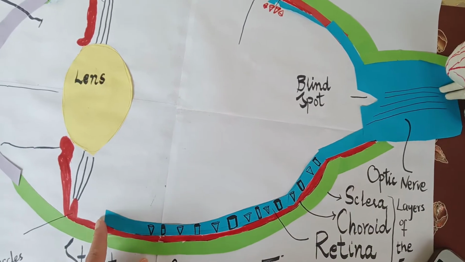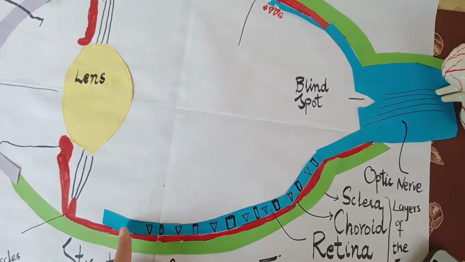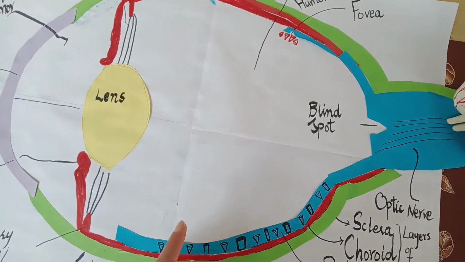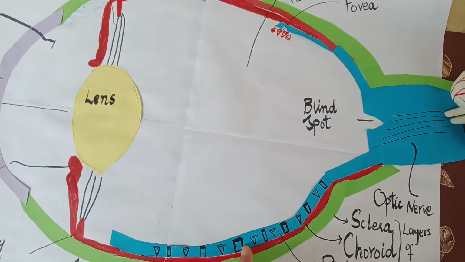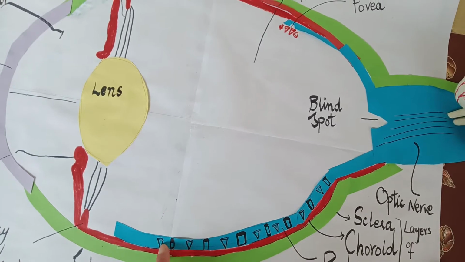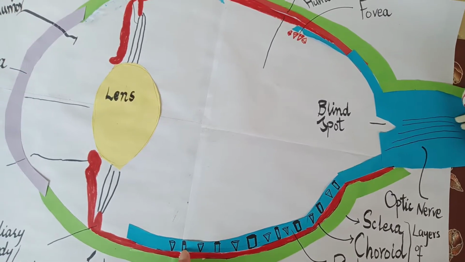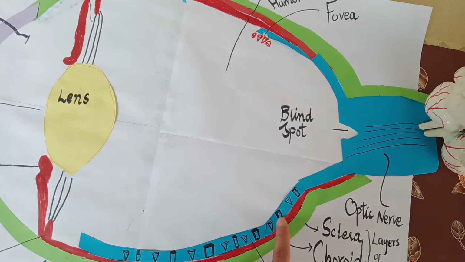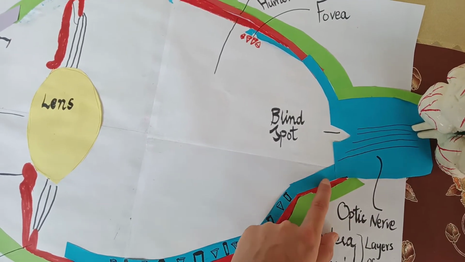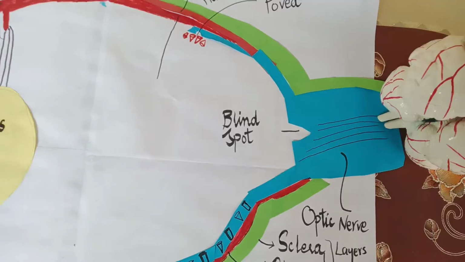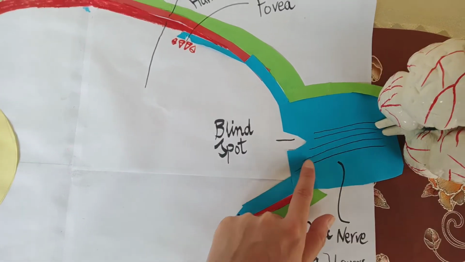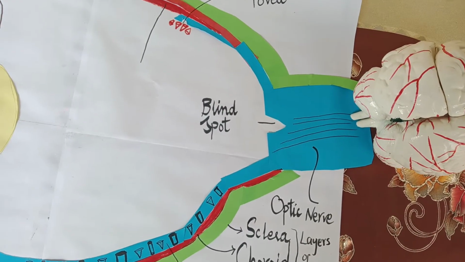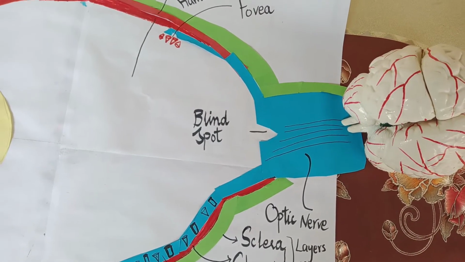As a result, the images that are seen fall on this retina. So here are cones and rods. These cones and rods generate nerve impulses in the optic nerve, and these impulses are carried to the brain, which makes the sensation of vision.